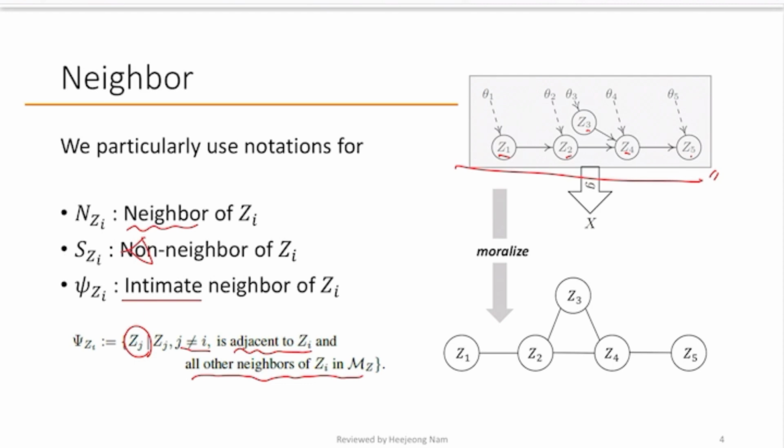To find the intimate neighbors of Zi, we first have to moralize the graph. As I drew below, the moralized graph does not have direction, and we also have an additional edge connecting Z2 and Z3. So the intimate neighbor of Z1 is Z2, and the intimate neighbor of Z2 is none. For Z3, Z2 and Z4 are intimate neighbors, for Z4 there are none, and for Z5, Z4 is an intimate neighbor.